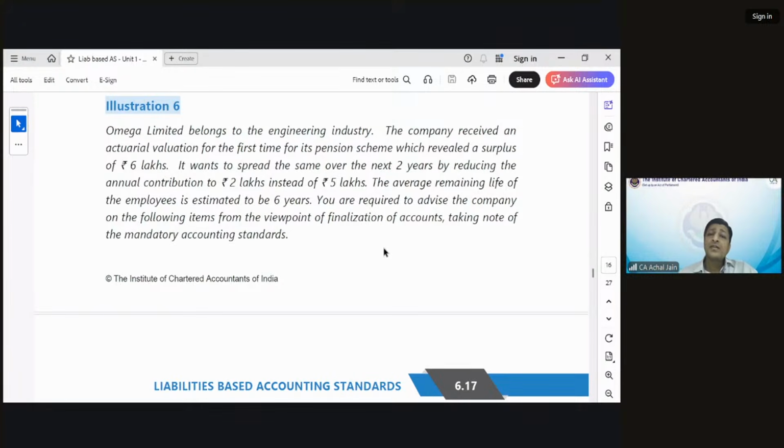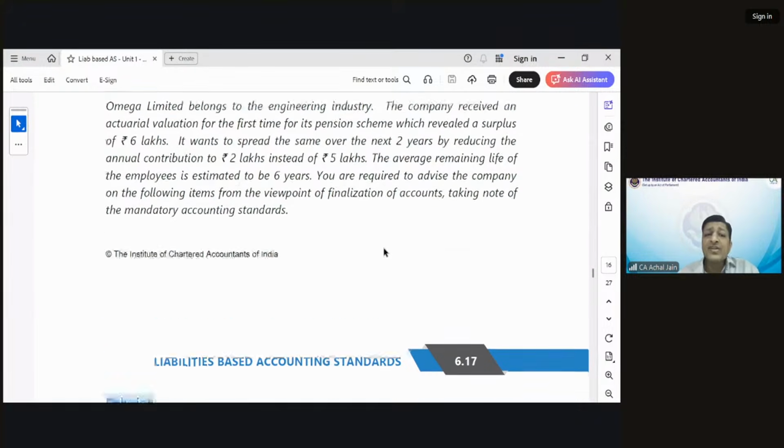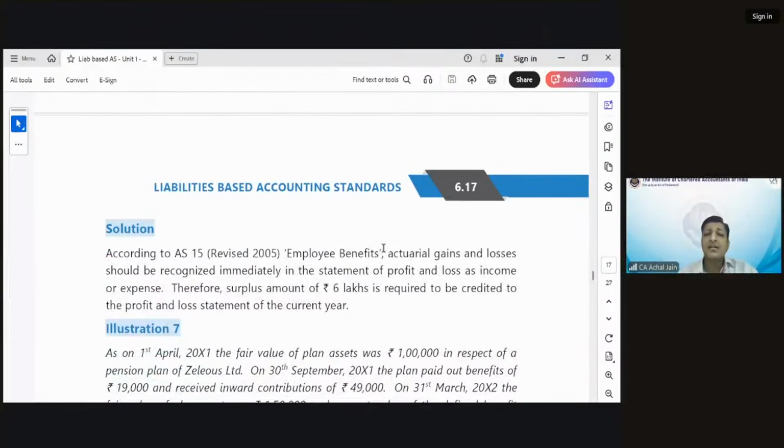But what is the nature of the surplus? It's an actuarial gain, right? Actuarial gain or loss, current service cost, past service cost, all of these are nothing but the components of the cost of defined benefit plan. And where do you take them? You will take them to P&L straight away.